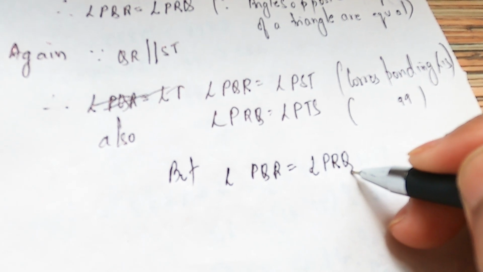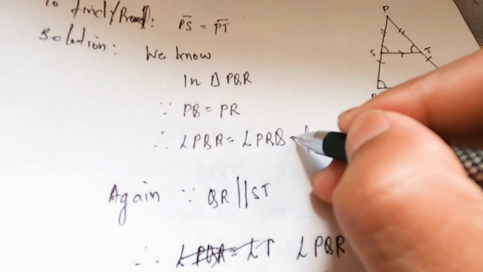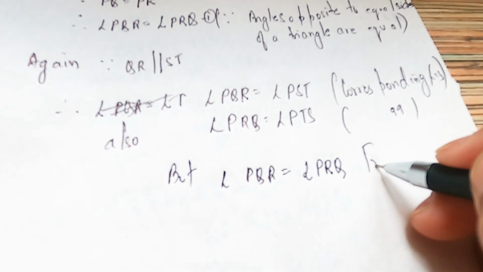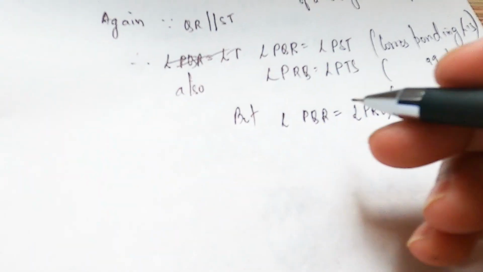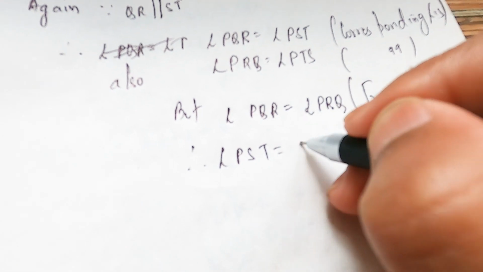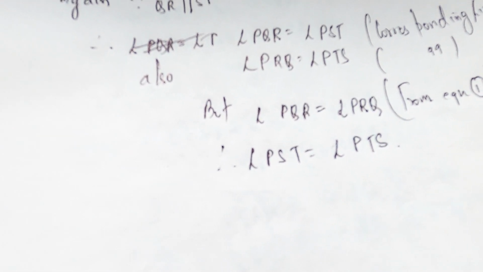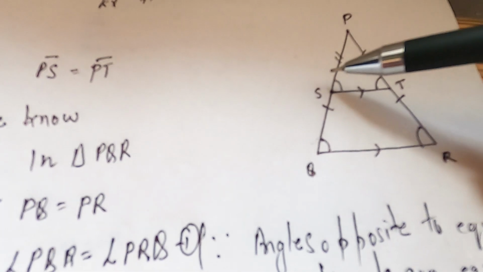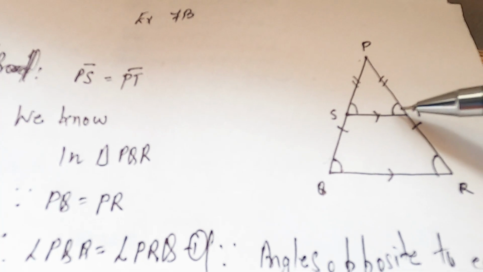All right, from this we name this as equation 1. From equation 1, so therefore angle PST is equal to angle PTS. All right. So in this case, we have proved that angle S is equal to angle T.